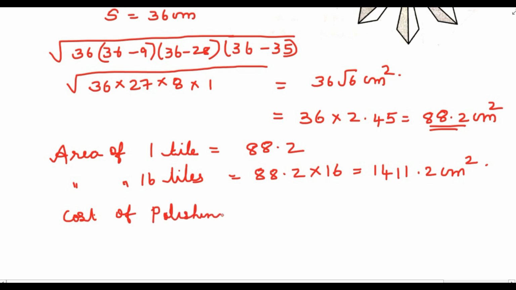Again, they have given the cost of polishing per centimeter square as 50 paise. That means it is half rupees.